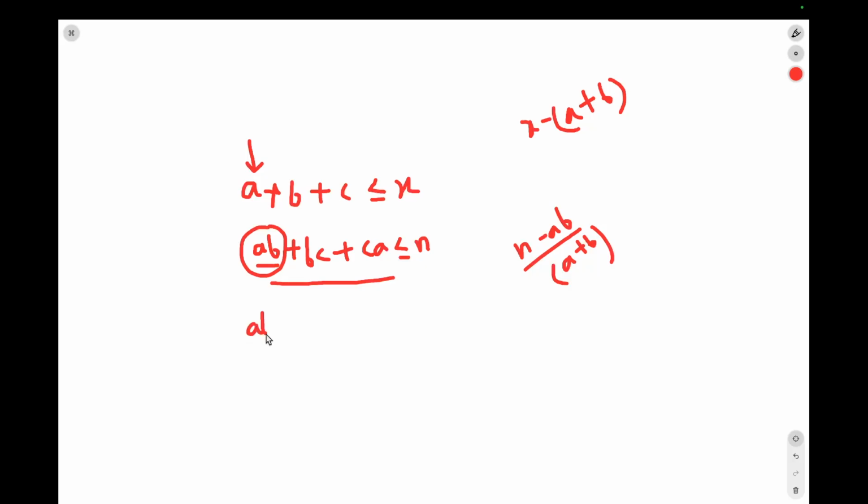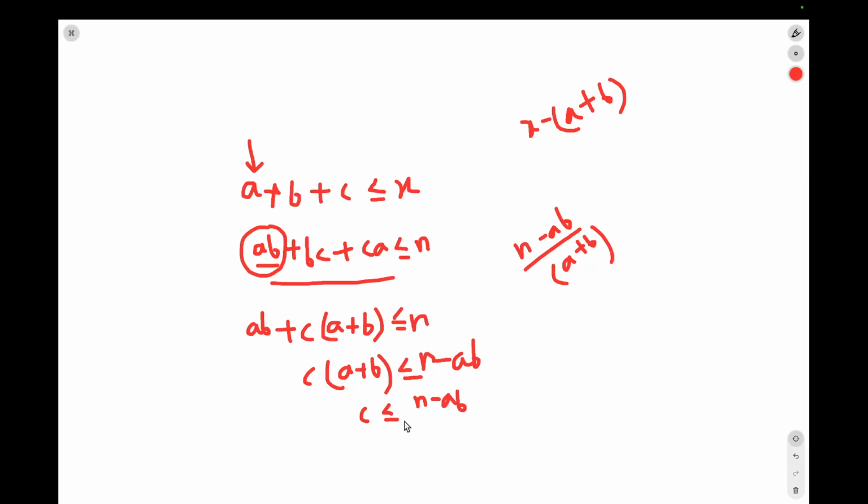Because here ab plus c times a plus b is less than or equal to n, and then we can write it like this: c times a plus b is less than or equal to n minus ab, and then c is less than or equal to n minus ab divided by a plus b.